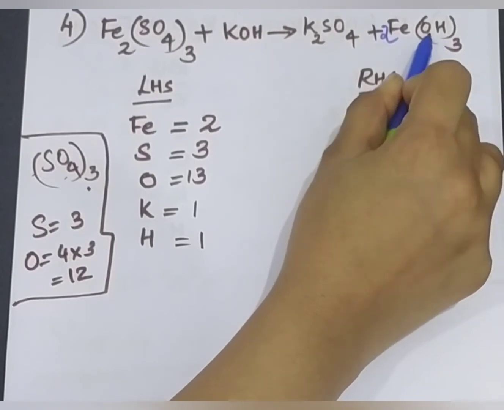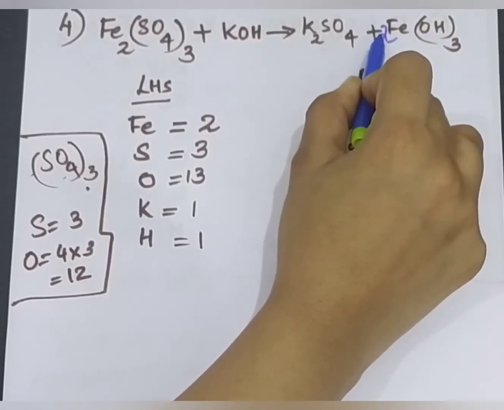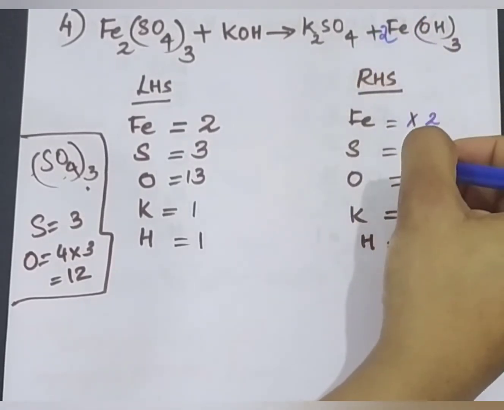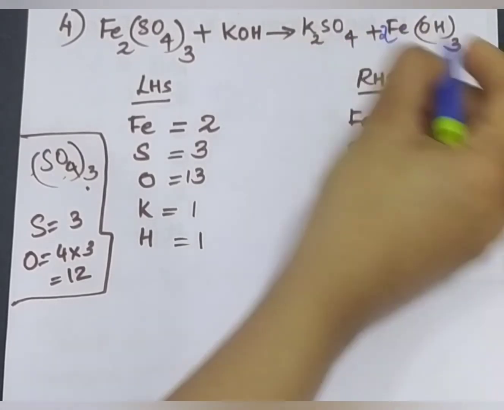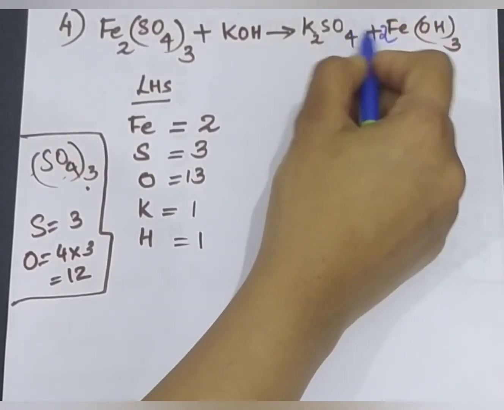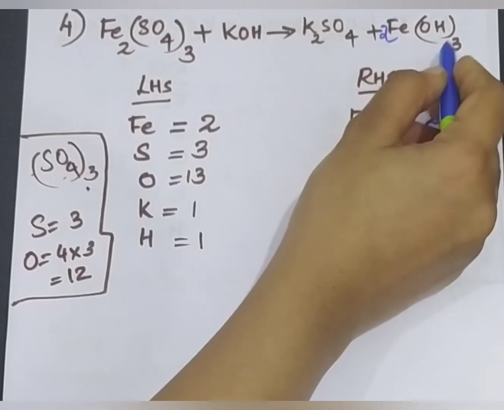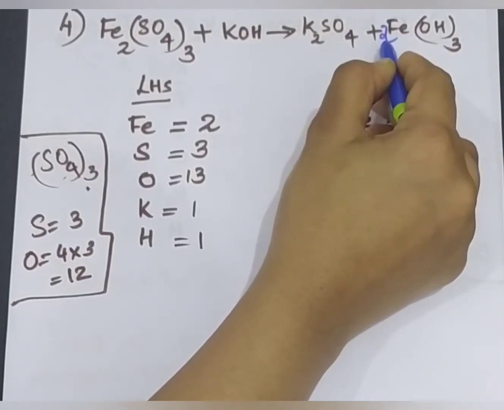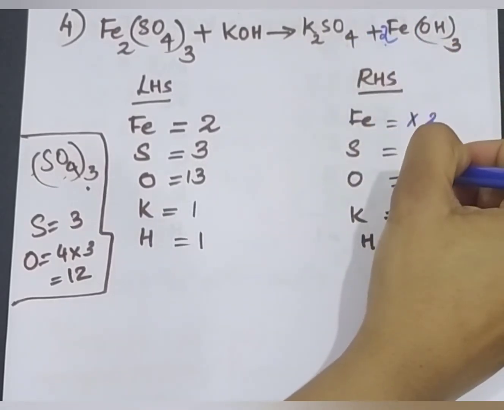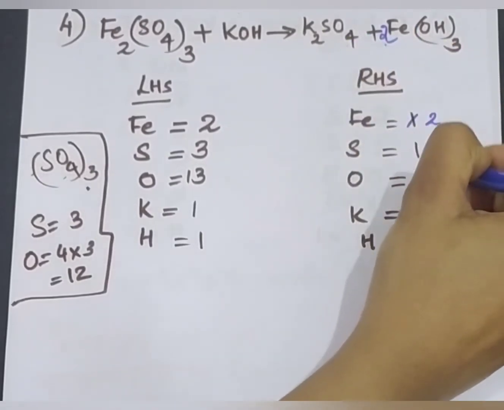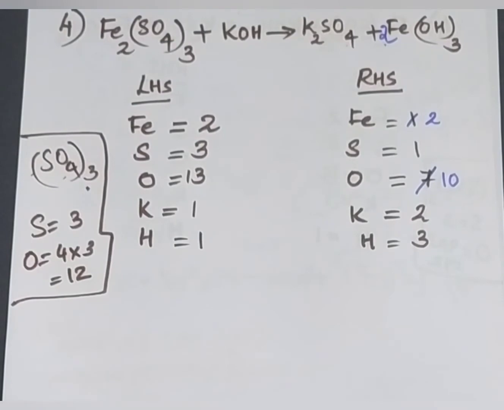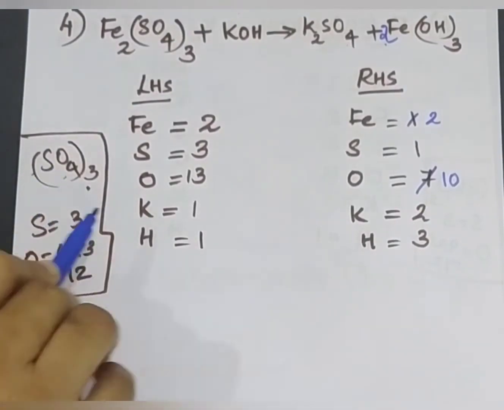That OH thrice means 3 is needed for O and H. So 3 into 2 becomes 6 plus 4 is there. So it becomes 10. Now potassium, everything is balanced there.